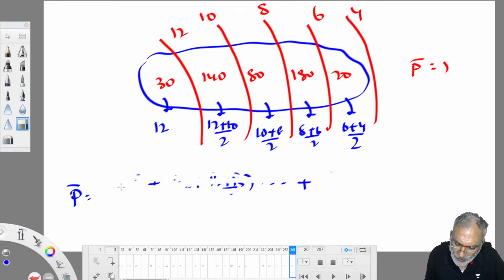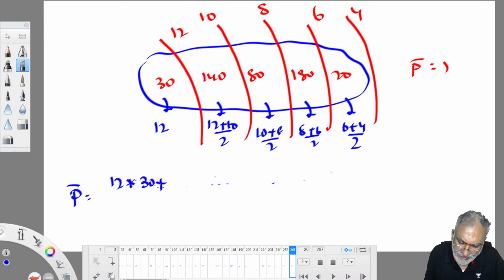The equation I need not write. I am straight away working out by substituting in the formula. So what is the volume of rainfall collected in this portion? It is 12 into 30, or 30 into 12 otherwise. A1 into P1. So A1 is 30, P1 is 12.